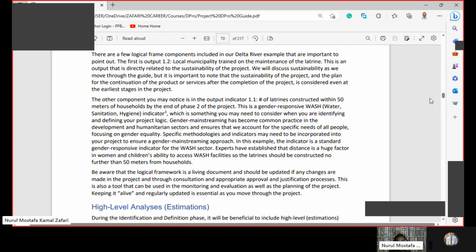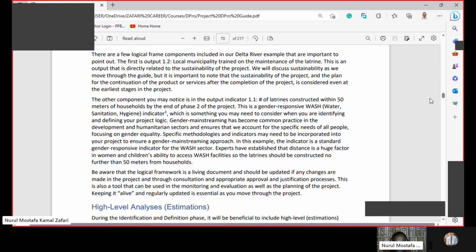There are a few logical frame components included in our Delta River example that are important to point out. The first is output 1.2: local municipality trained in the maintenance of the latrine. This is an output that is directly related to the sustainability of the project.